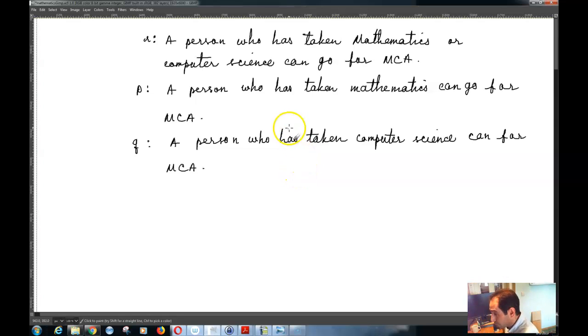Both of these statements are of course true, and the connecting word here is OR. In the example that we had before, both statements were false and connected with OR. Over here, both statements are true and they are connected with OR. So that's one thing you can pay attention to.